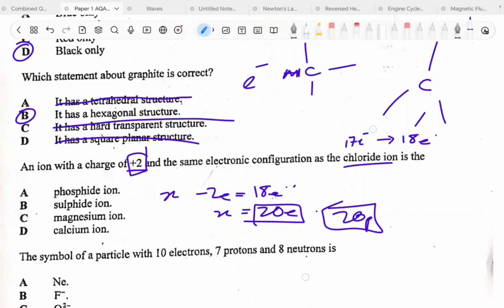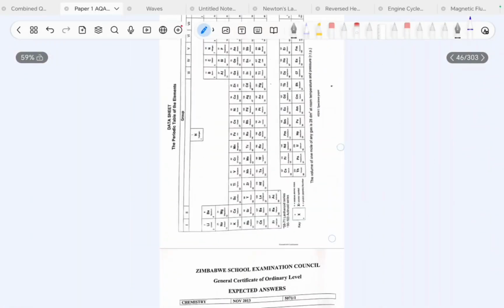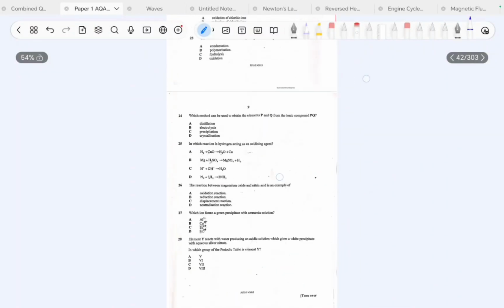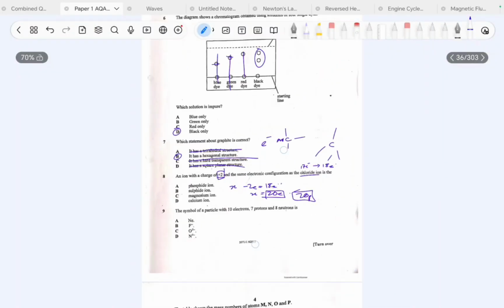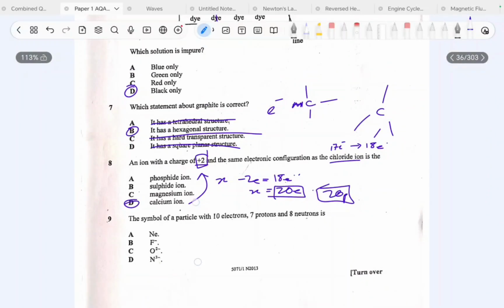Which element has 20 protons? Calcium. And why is calcium also correct? You can verify it because calcium is in group 2, and all group 2 metals form 2 plus charges.